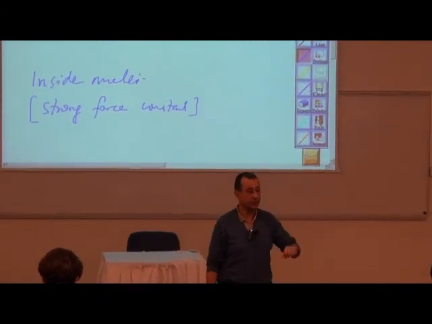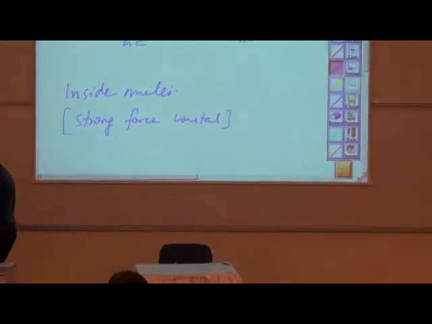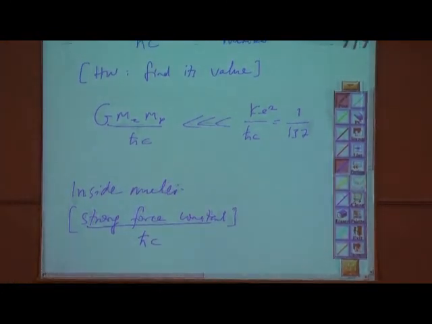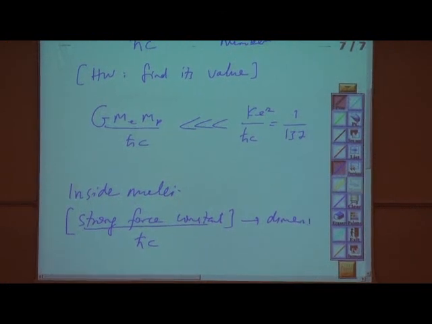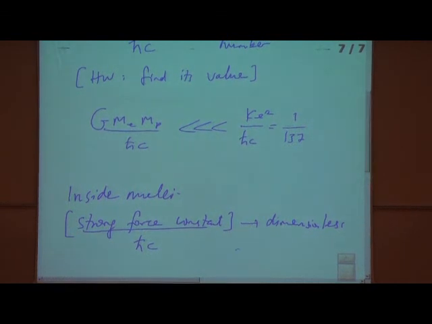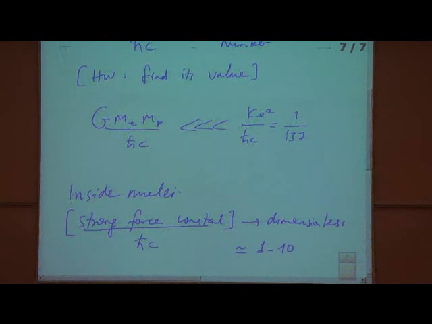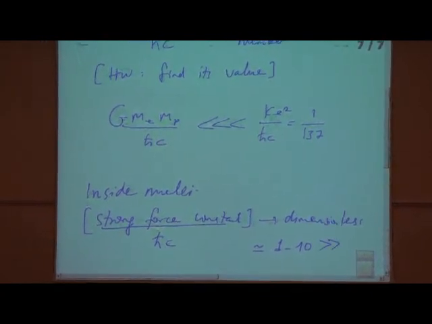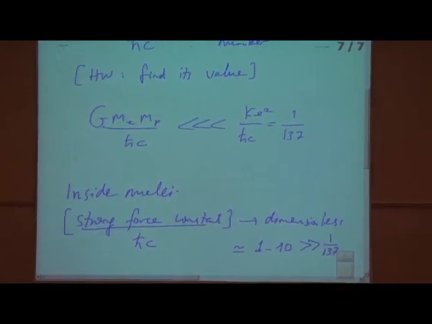If you take that number and divide by h bar over c, that's also dimensionless, and it's a number that's of the order of 1 to 10. So it's much larger than your fine structure constant.